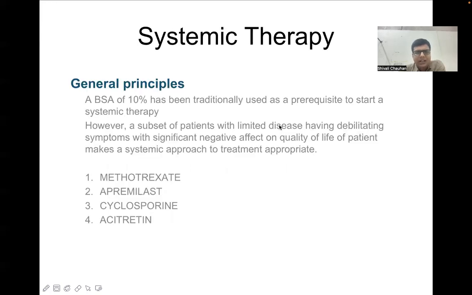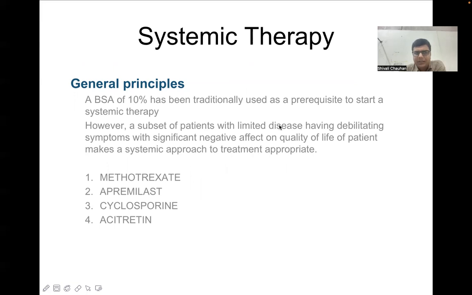What are the systemic therapies we can use? As a general principle, a body surface area of 10% has been traditionally used. Nowadays we can have more than 20% body surface area involvement before we traditionally use systemic therapy.